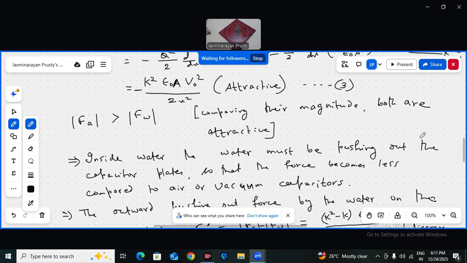That means FA is greater than FW in magnitude, and both are attractive. When I compare the magnitude, I'll write like this.